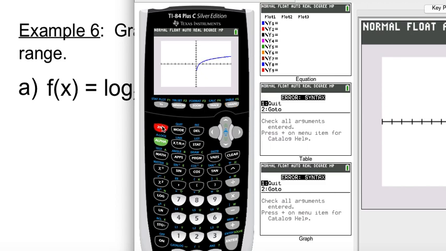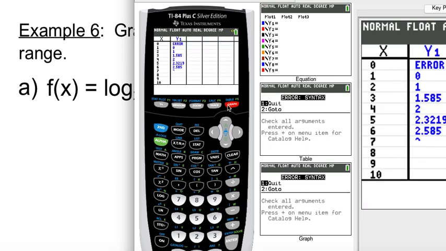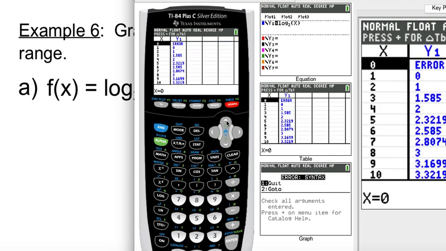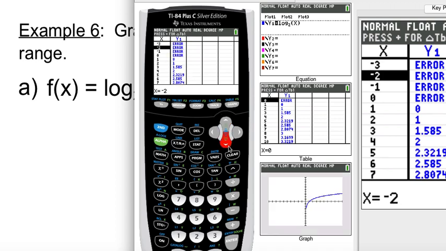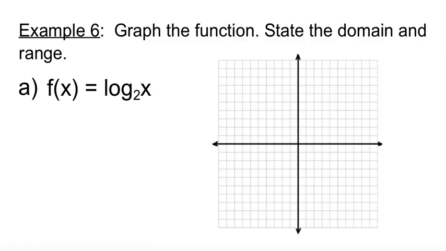So now you're going to go to the table and get some table of values. If you look up here, you see how the calculator is erroring up there. We're not going to graph those ordered pairs out. So let's do what we're supposed to do and graph those out. I'm going to do a little t-table here.